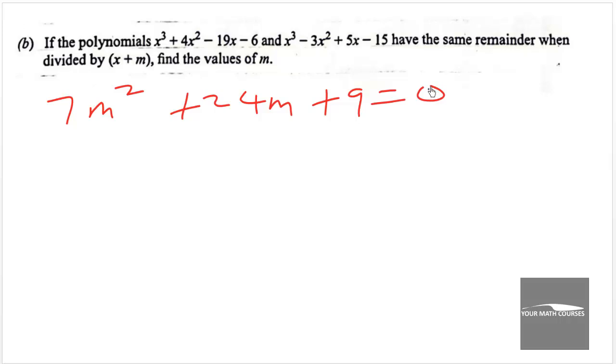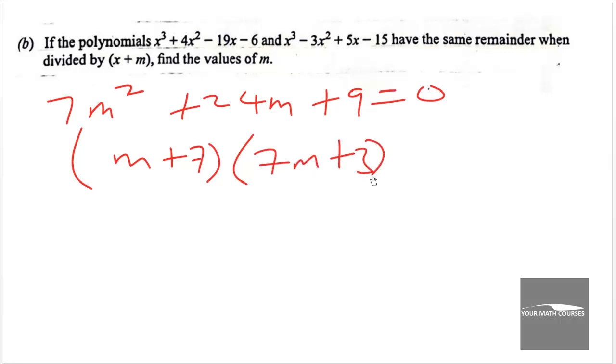So we have to do factorization now. When you factor this, we are supposed to obtain m plus 3 into bracket 7m plus 3. I know you can do that factorization. Multiply 7 by 9 to get 63, then find two factors of 63. Then you factor to obtain this.